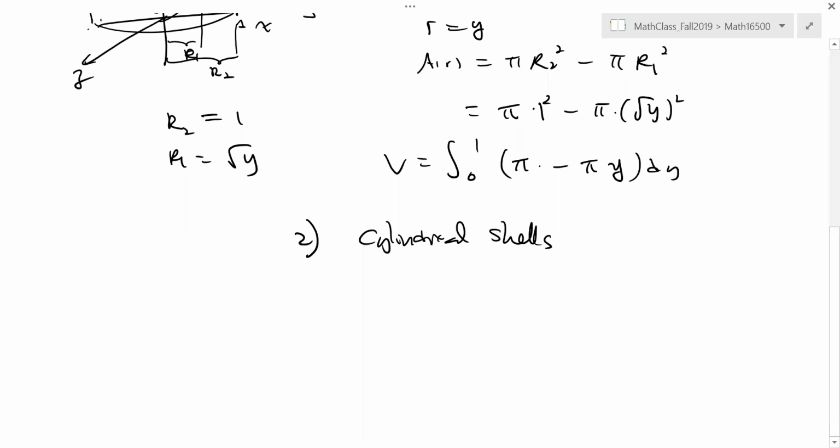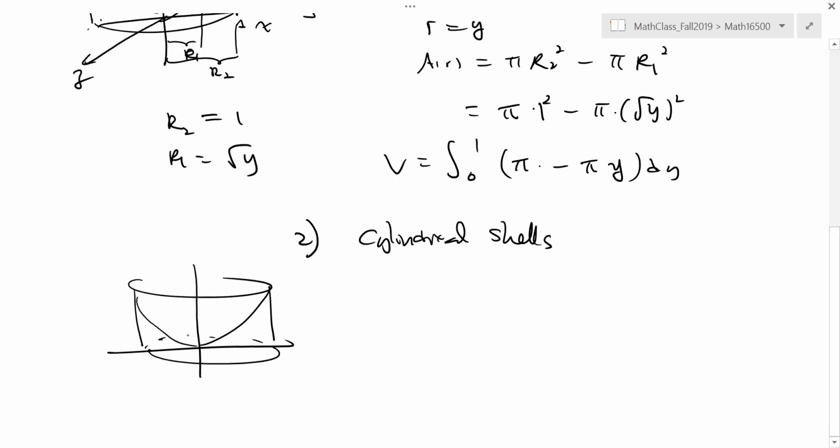Okay, for the cylindrical shells, so this is a picture again. Right. Okay. So this time I'm going to consider the cylinders with the same distance to the axis. So those are the cylinders I'm going to use, right, to cut.